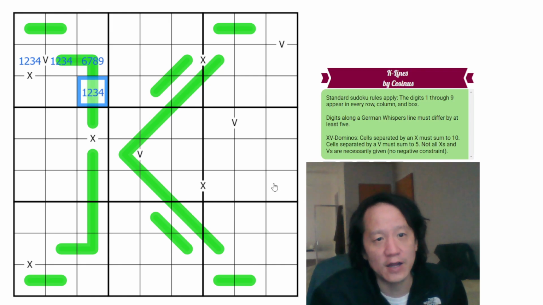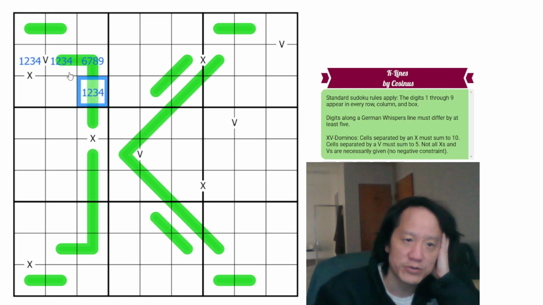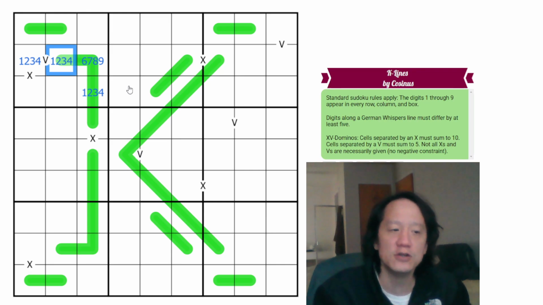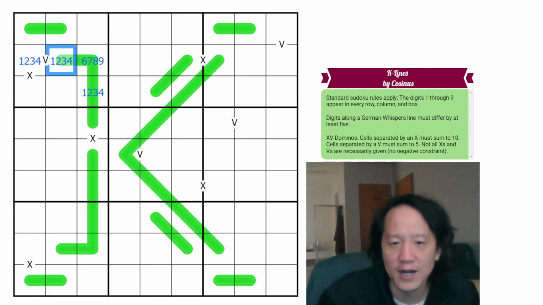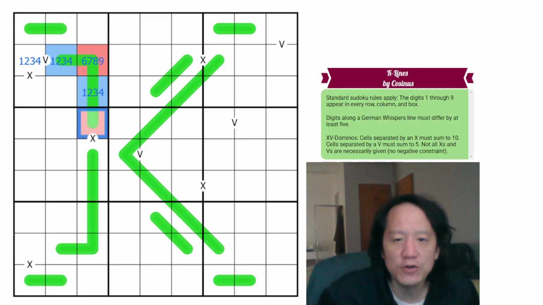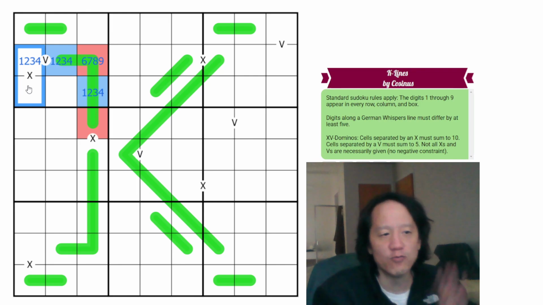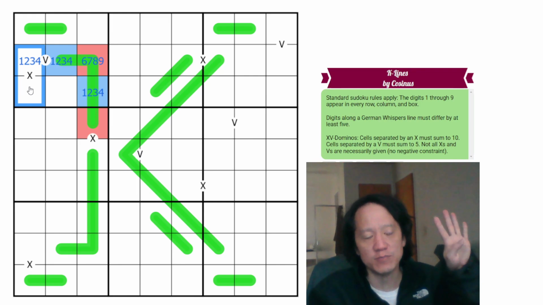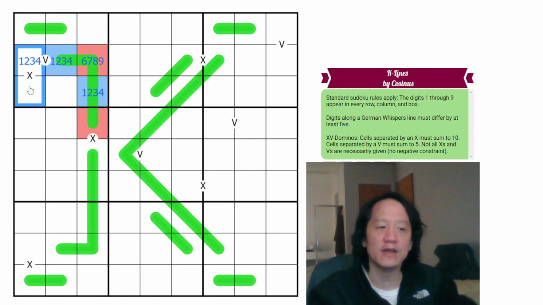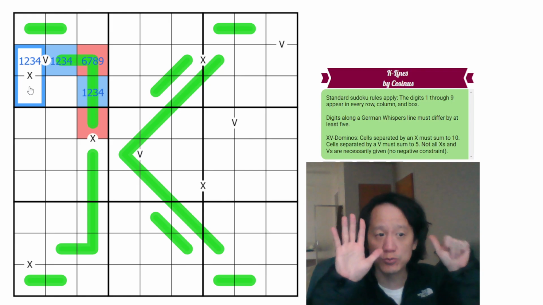As shown by this, you always alternate between lows and highs. I usually color the lows as blue and the highs as red. So this is always blue, this is always red, this is blue, and this is red. Now, for 2 digits that add up to 10, you have one that must be from 1 through 4, and then the other one which must be 6 through 9, right?